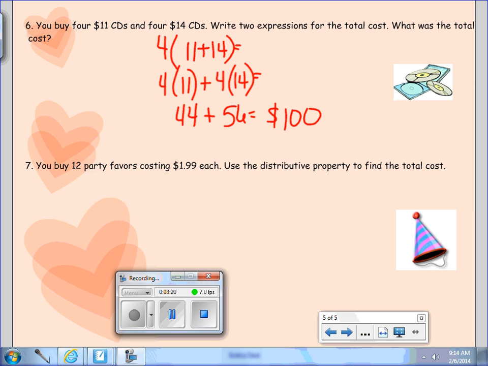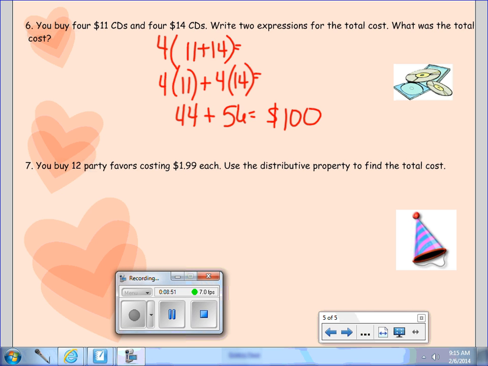So we had 4 $11 CDs and 4 $14 CDs. So 4(11 + 14) is one expression. Another one is we distributed the 4, so 4 times 11 plus 4 times 14. Simplified it. 4 times 11 is 44, plus 4 times 14 is 56. Hopefully you can add 44 plus 56 in your head to get $100 for the total cost.